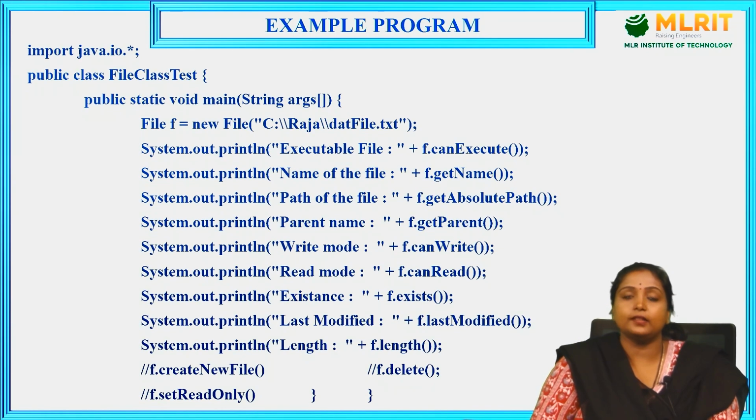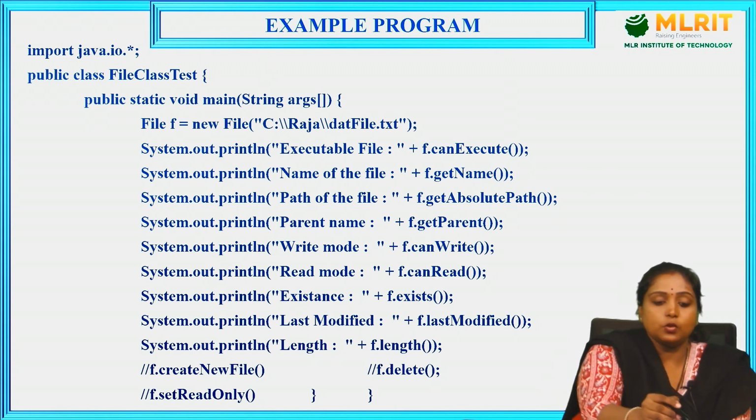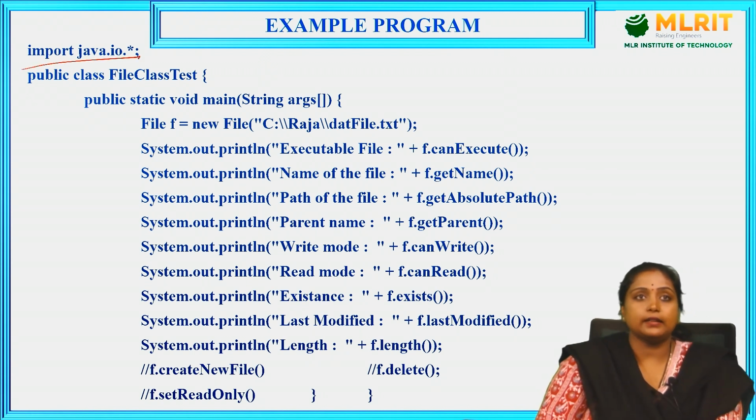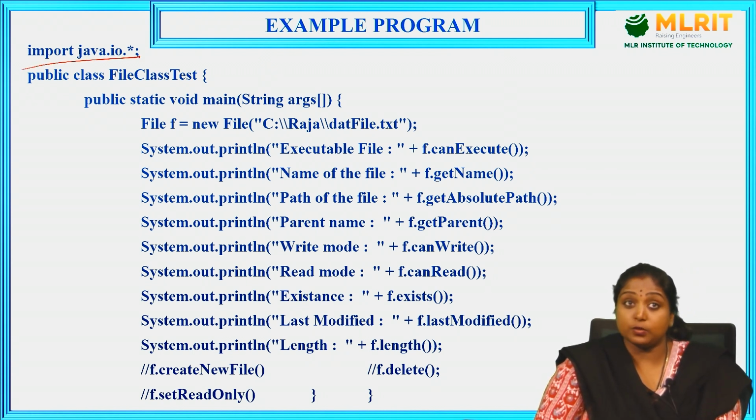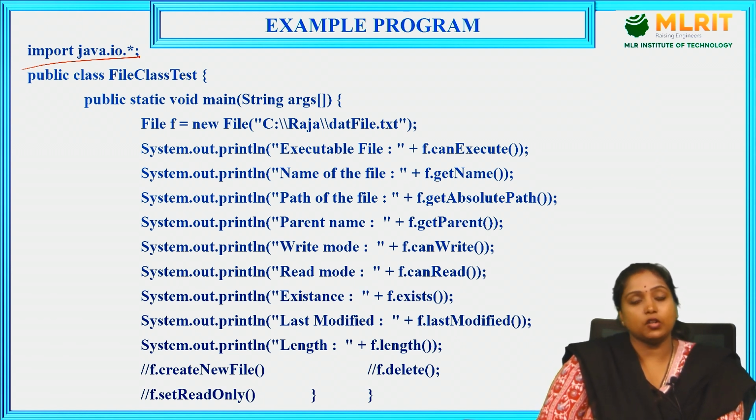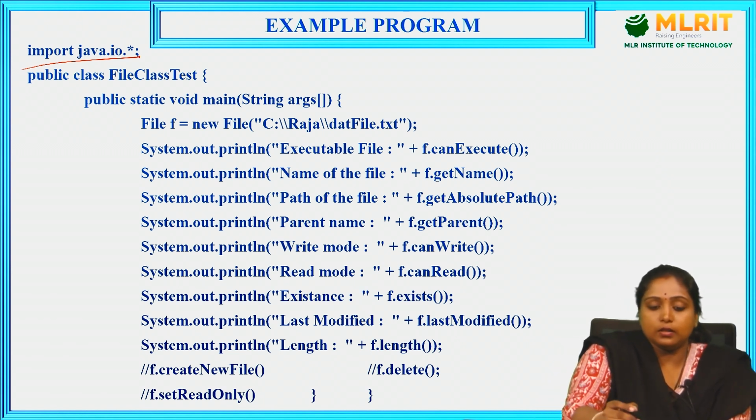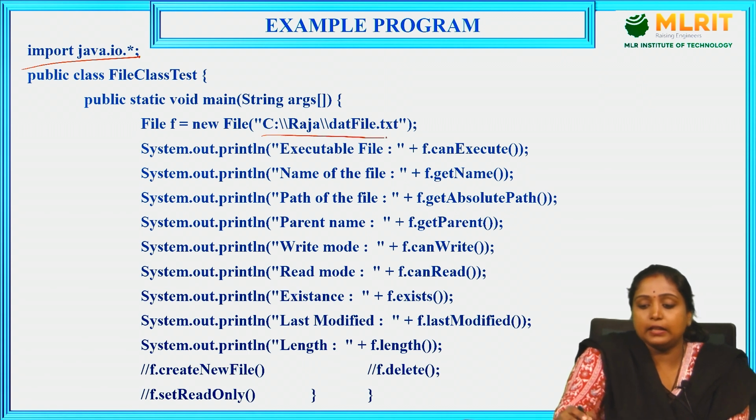So here is a small example program. I am importing the java.io package, because File is a built-in class which exists in java.io. So File f, I am creating a new one with a path name.